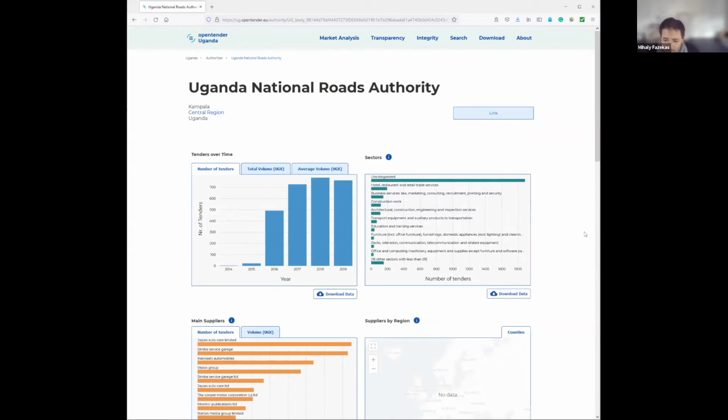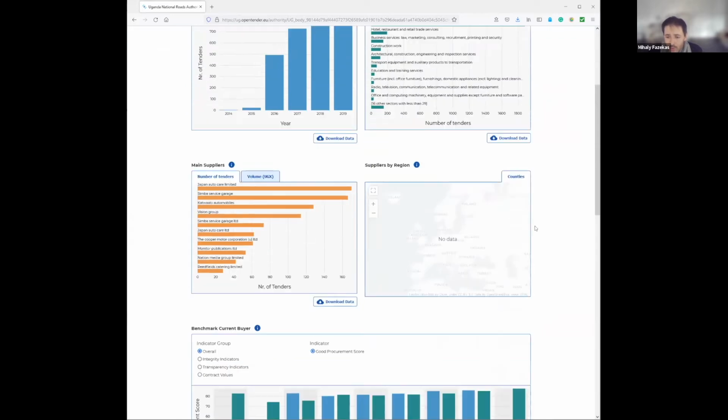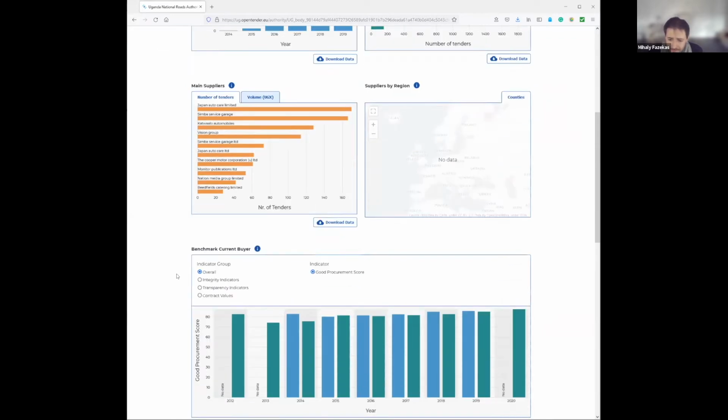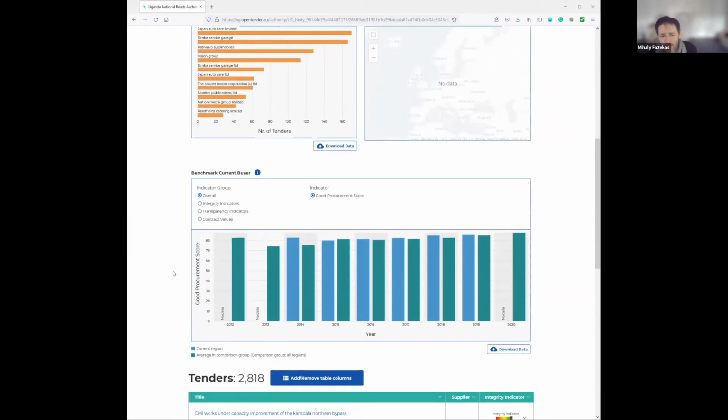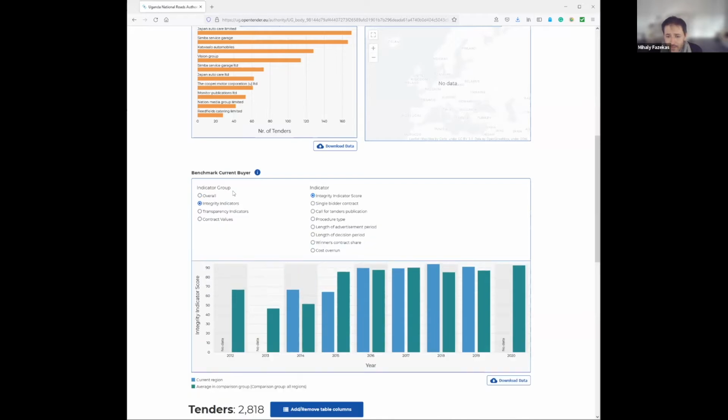And again, we start off by seeing some high-level descriptive spending over time or spending by sector, but also main suppliers. And then you can start analyzing the integrity profile, or the procurement performance, of these organizations. I can select integrity indicators.